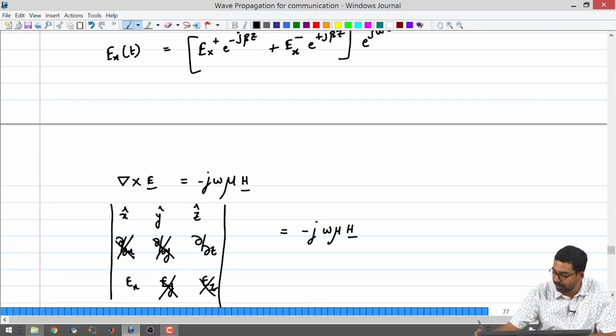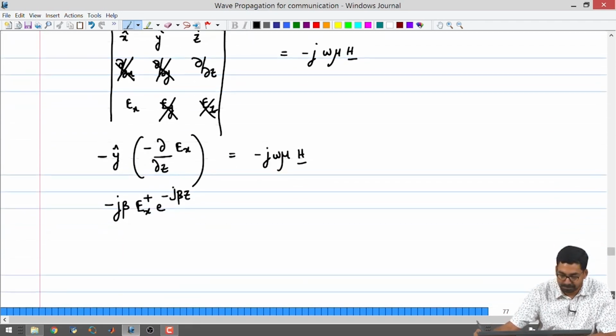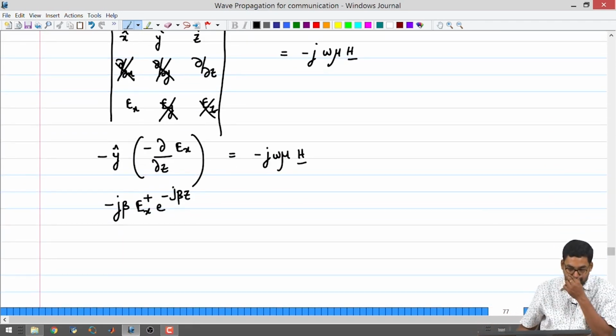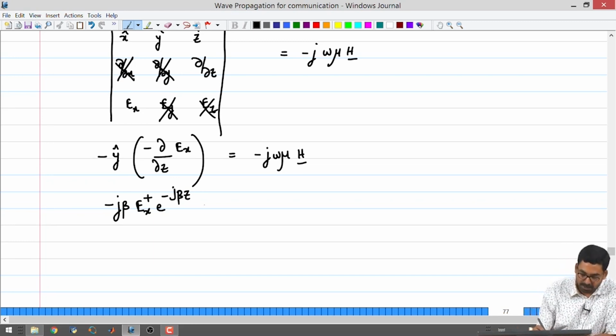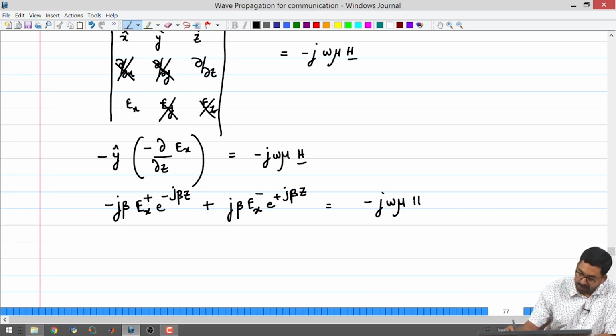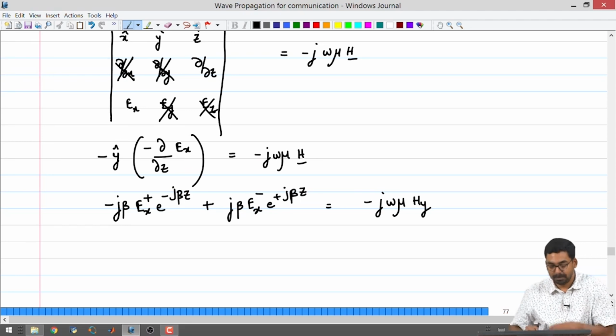We are taking dou by dou z for that. So, that becomes minus j beta Ex plus e to the minus j beta z, plus j beta times Ex minus e to the plus j beta z, and this has to be equal to minus j omega mu Hy.